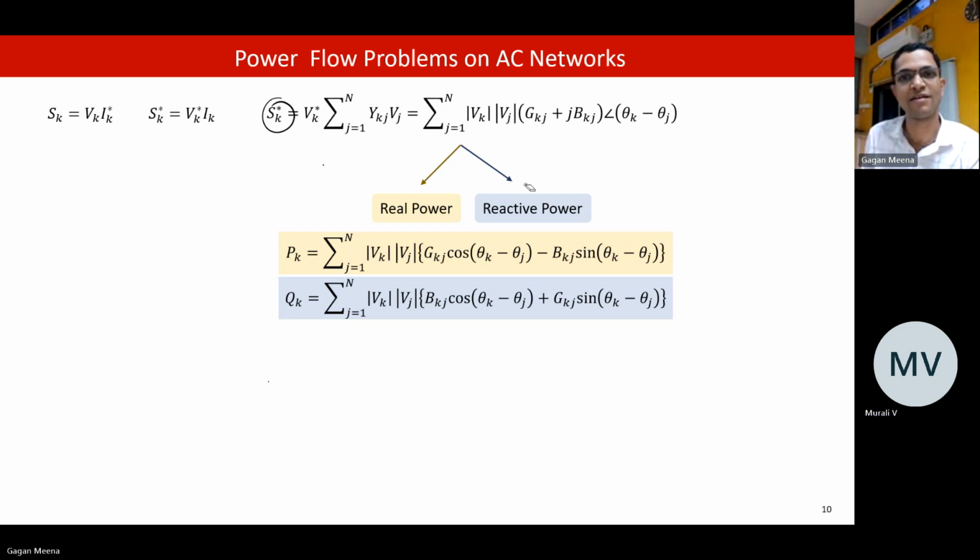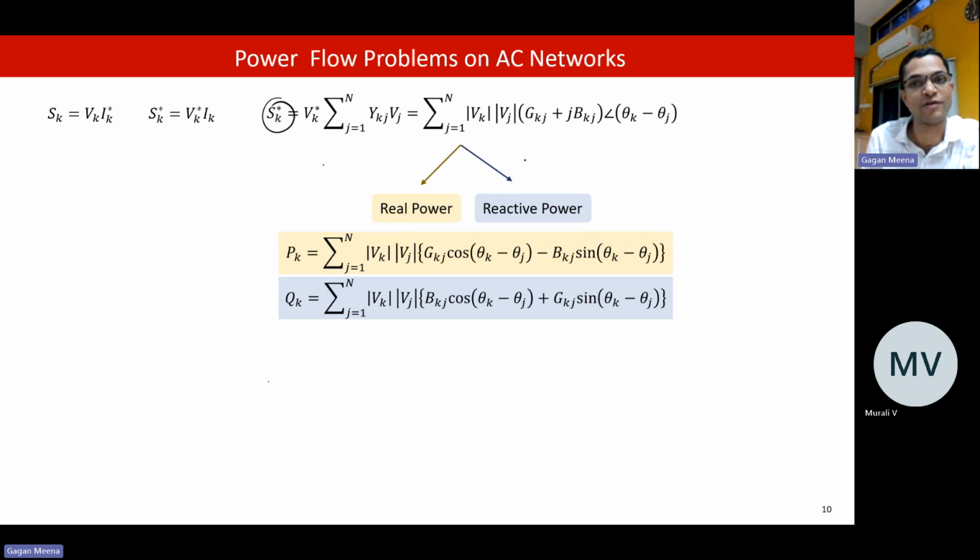Even if we take it as N, for those lines where it is not connected, voltage is not there, it will be 0. So then we can get real and reactive power.